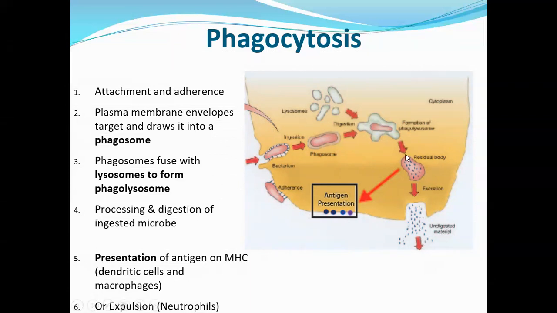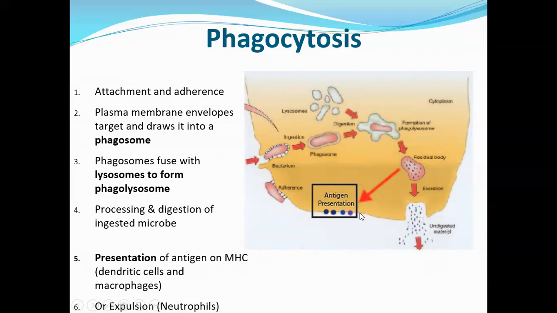Some of those pieces will then get excreted from the cell, but other components will be loaded onto particular structures on the phagocyte and then expressed on the surface of the phagocytic cell.